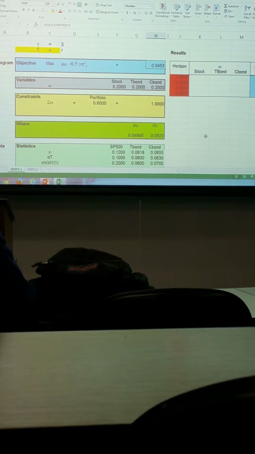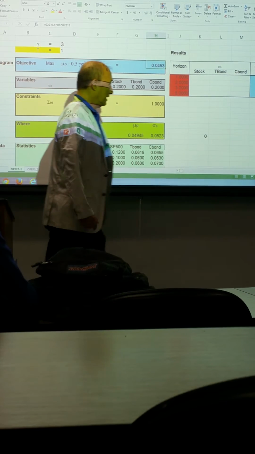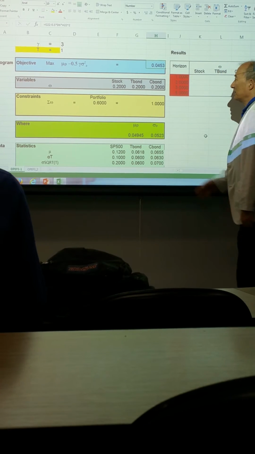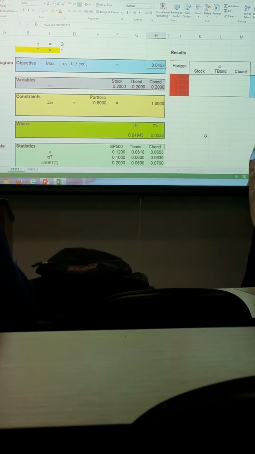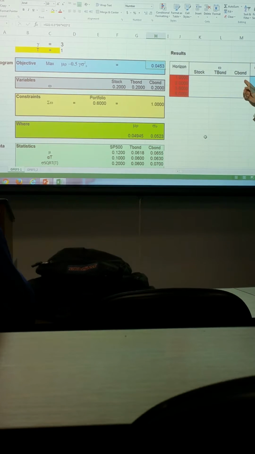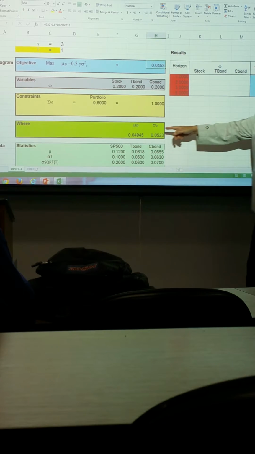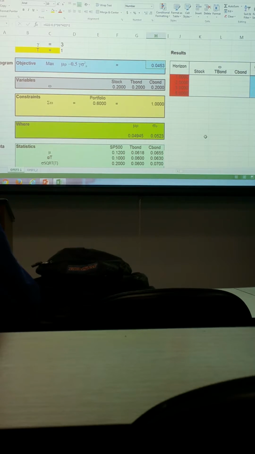Okay, so we already finished. We are ready to use solver, and using the solver, whatever solution we get, I like to put the allocation and copy this.